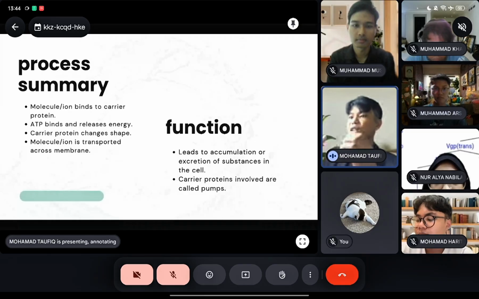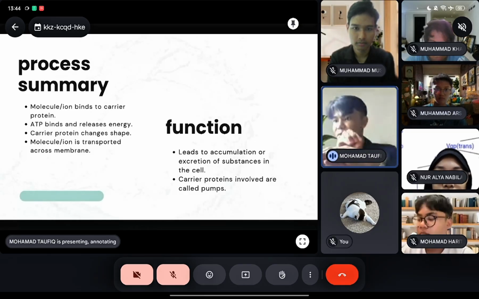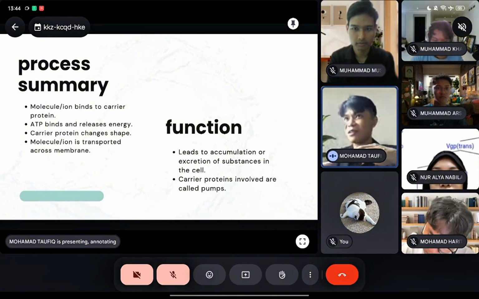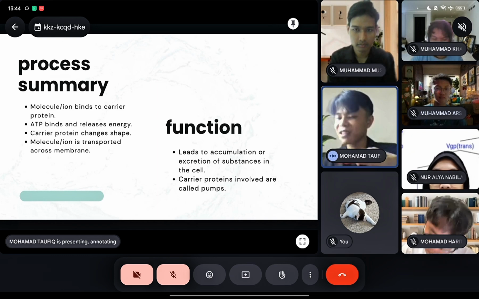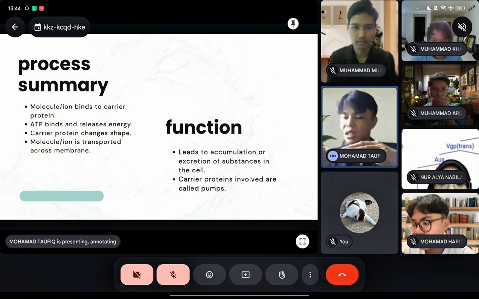First thing first, the molecule or the ion is like the people inside the bus. It binds to the carrier protein. It enters the bus, the Rapid bus. Now, ATP binds to the bus. For the example that I gave just now, the Rapid card is used to pay for the bus, which binds to it and then releases energy.